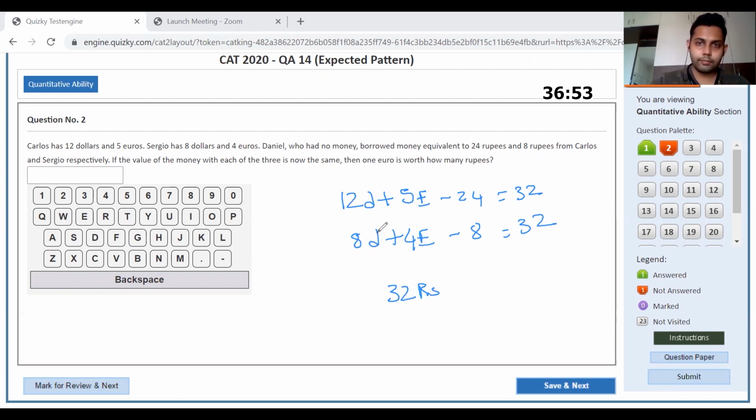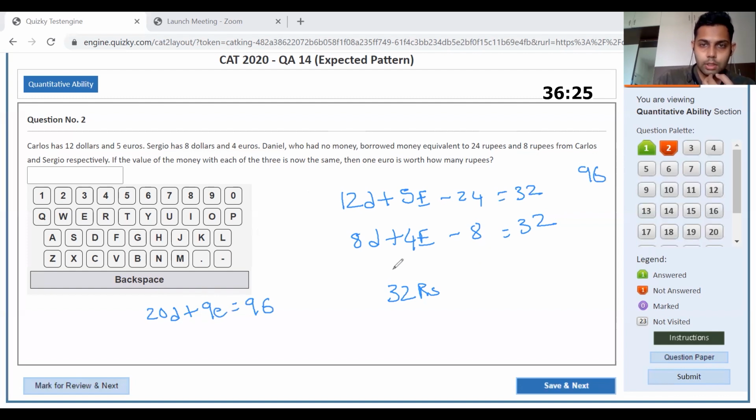And if we just add everything up, so basically 32 into 3 is 96 rupees was there initially, right? So that means 12 plus 8, $20 plus 9 euros is equal to 96 rupees, right? And in these two, this is the smaller equation.